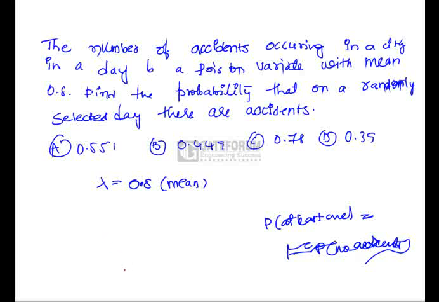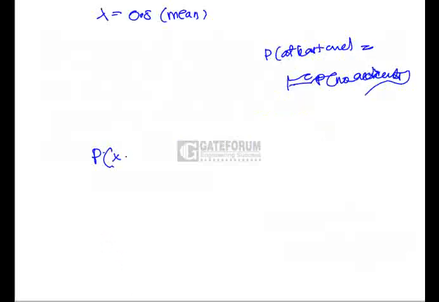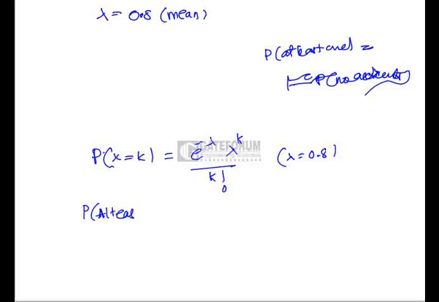Now, we know the formula for the Poisson variate. P of X equals k is equal to e power minus lambda into lambda power k by k factorial, and lambda is given as 0.8. Now we need P of at least one accident, which is nothing but 1 minus P of no accidents. For no accidents, the value of k will be 0.